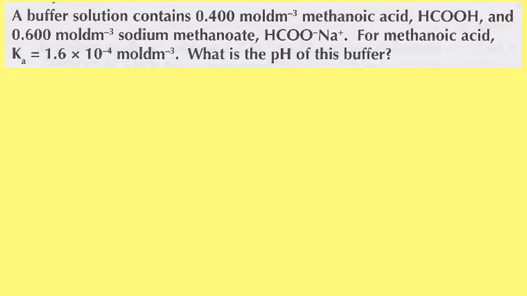So the first thing we do is write down the equilibrium equation, and we've got methanoic acid. So as you know, that's HCOOH, and that dissociates slightly, very slightly, to hydrogen ions and methanoate ions.